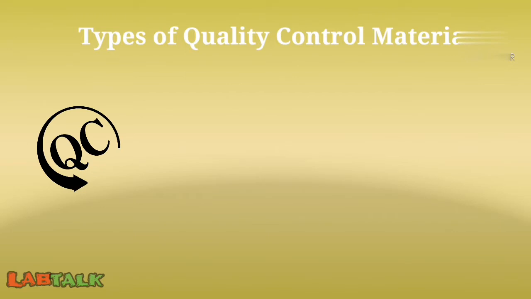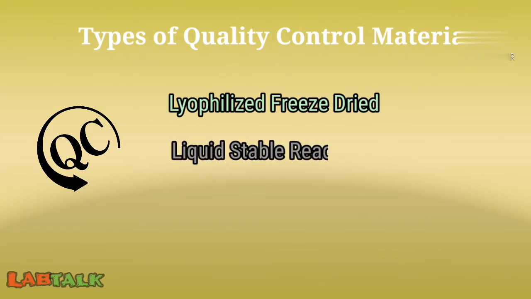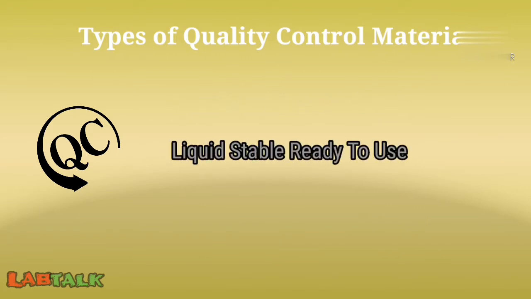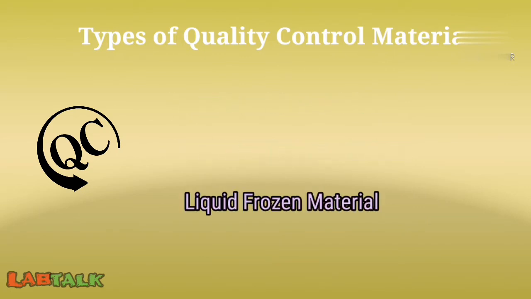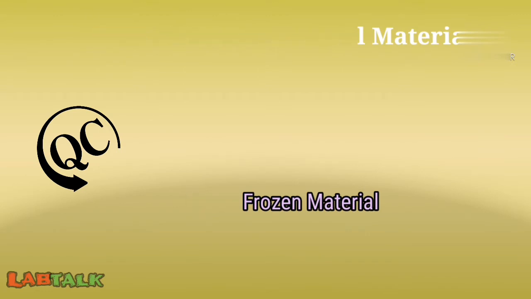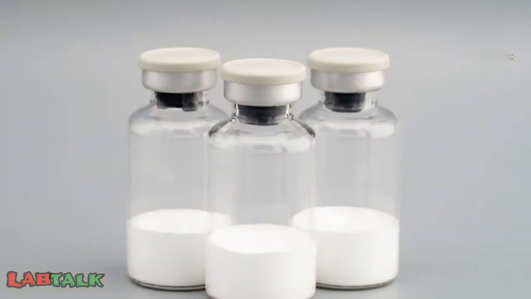Now, as we have seen in the last video, there are three types of quality control material. The first one being the lyophilized material, the second one being liquid stable ready to use material, and the third one is liquid frozen material. Out of that, the lyophilized material, which is freeze dried, needs to be reconstituted in the laboratory.